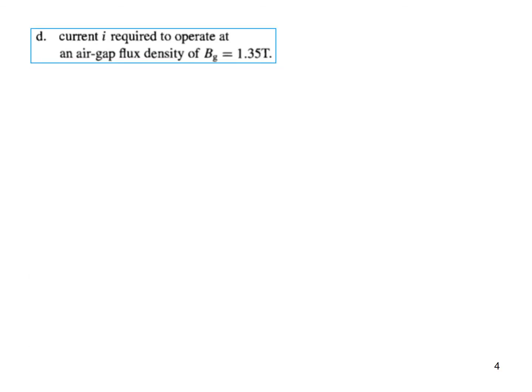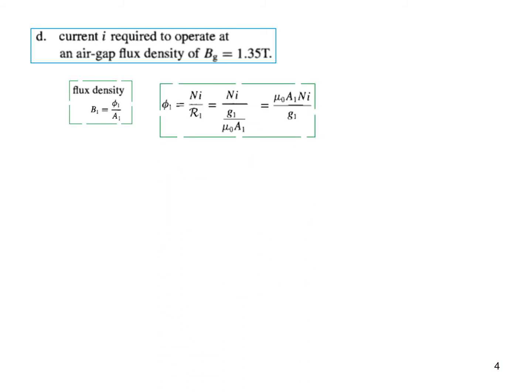Now the fourth part, we have to find the current required to operate at an air gap flux density of 1.35 Tesla. The flux density is given by the flux divided by area, and flux we could find from Ni over R, and putting the value of R, this will come to be like this here.